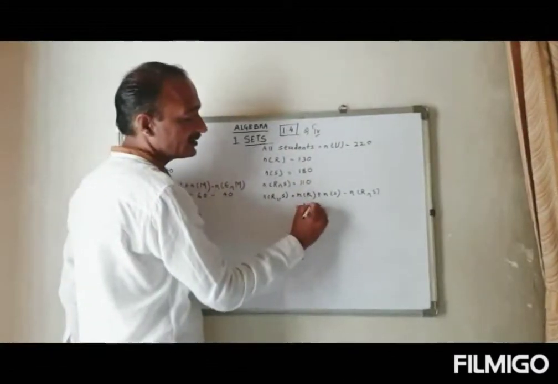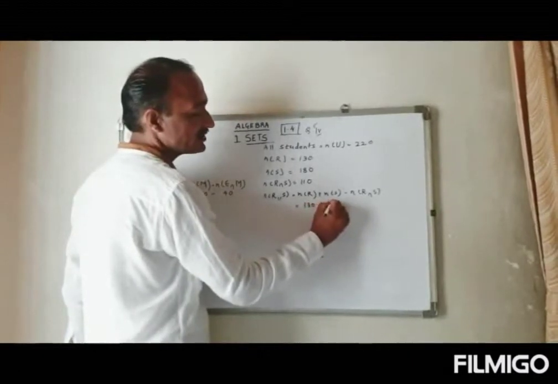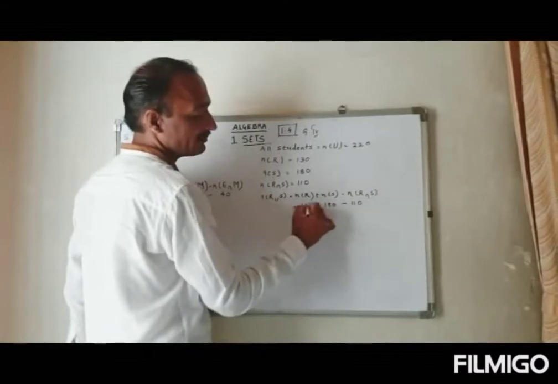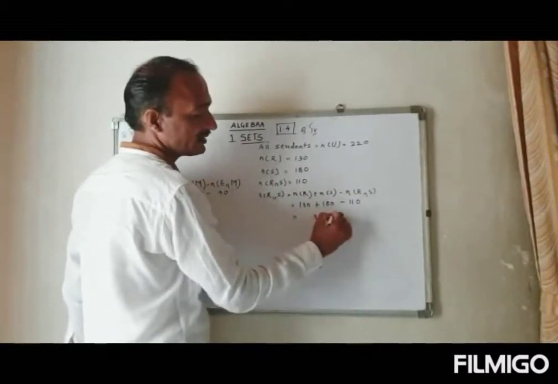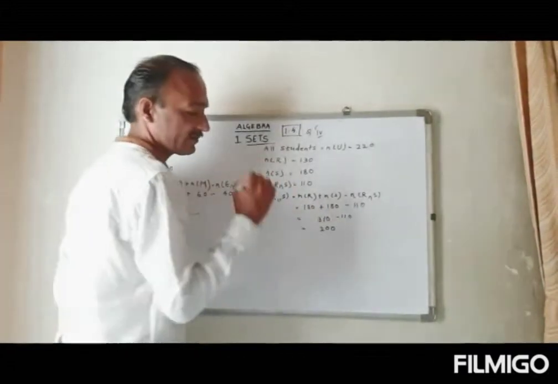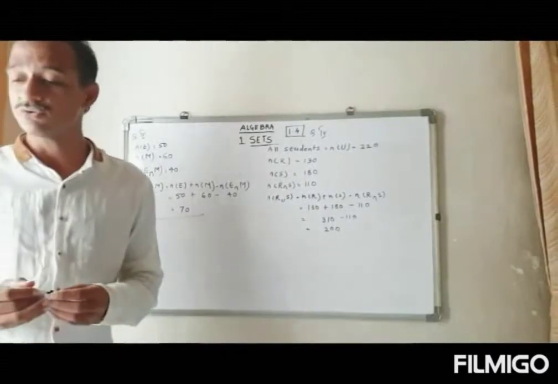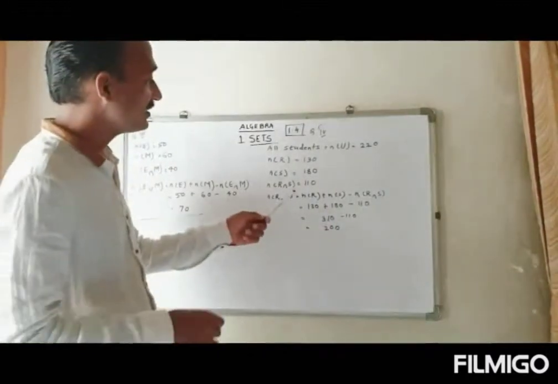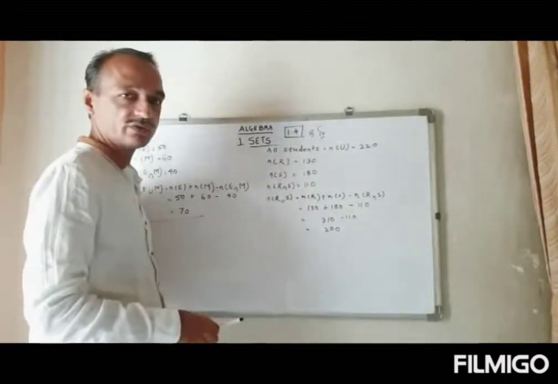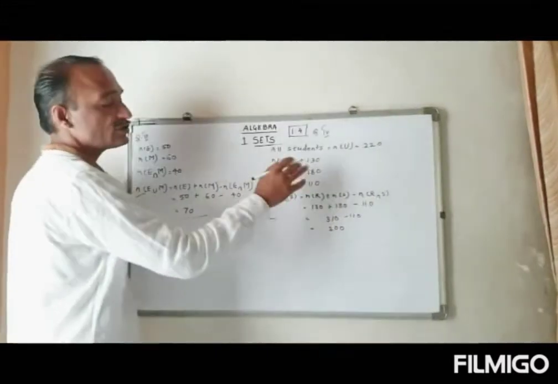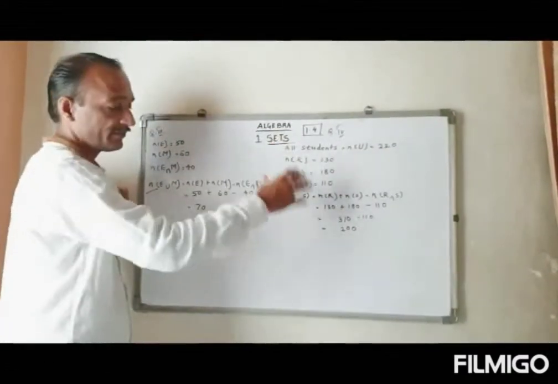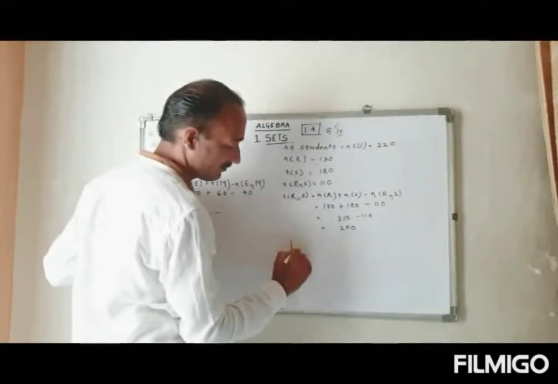It says 130 plus 180 minus 110. 130 plus 180 is 310. 310 minus 110 gives a total of 200 students. You can solve the rest of the questions by using a Venn diagram.